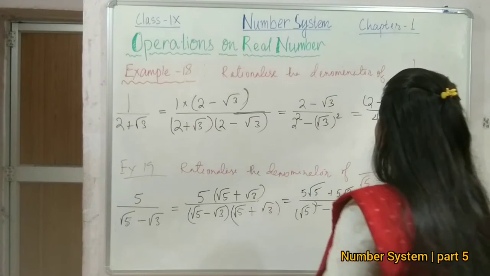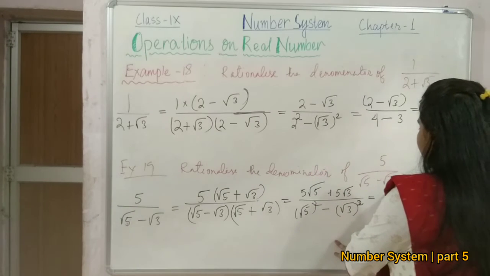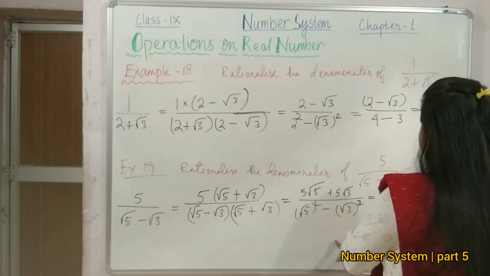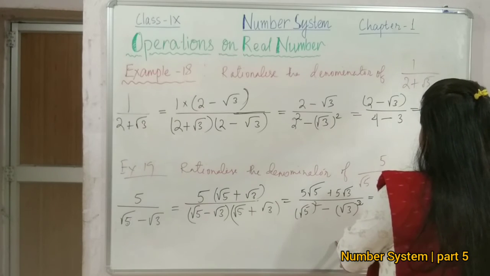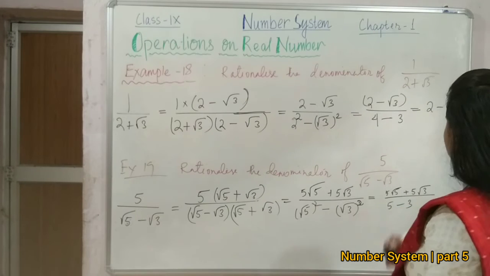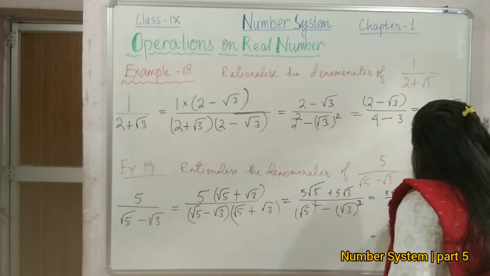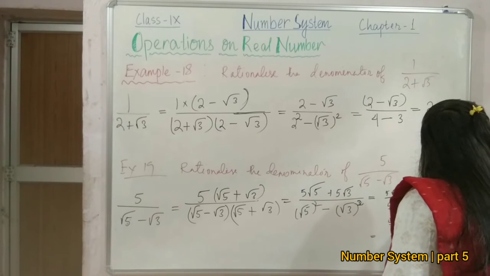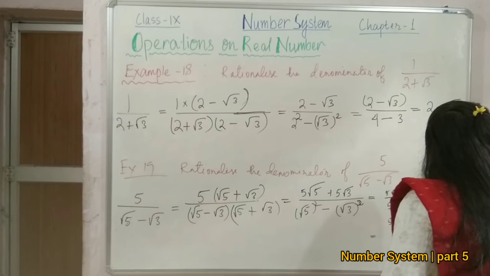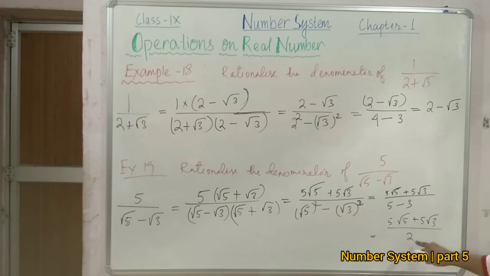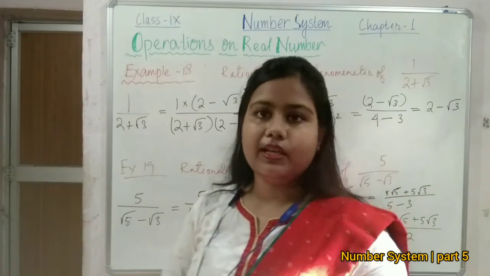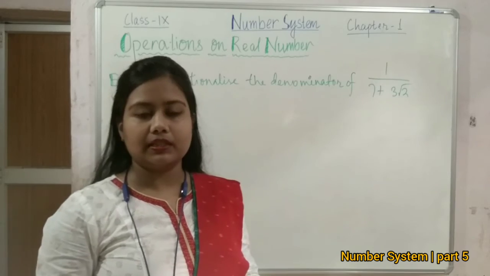So it will be 5 root 5 plus 5 root 3 divided by 5 minus 3. So the simplification is 2. So the final answer that we are getting is 5 root 5 plus 5 root 3 divided by 2. It becomes 2 here. So this is very simple.